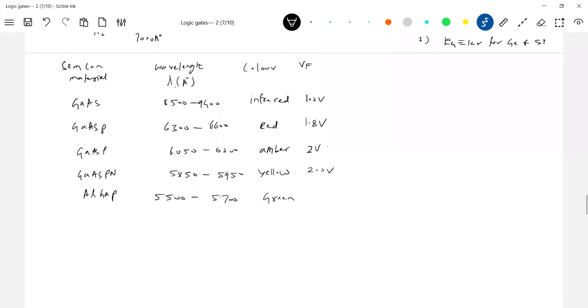This will be, I think, green color. 3.5 volt, 2 volt. Silicon carbide: this will be the blue. Gallium.